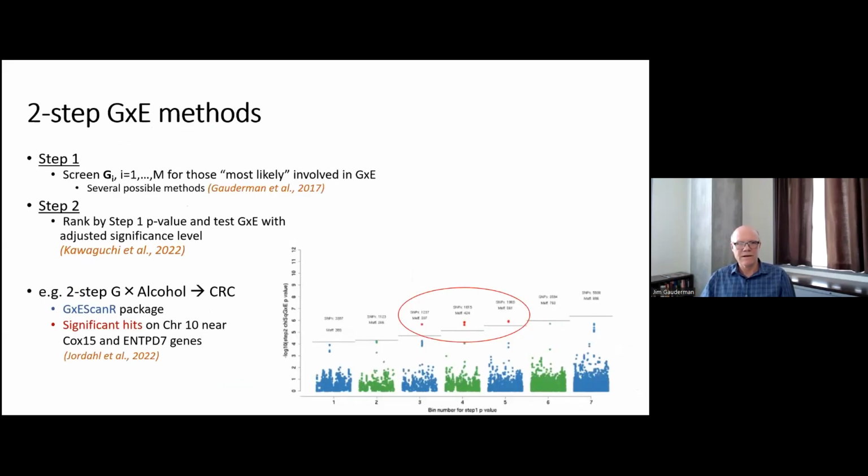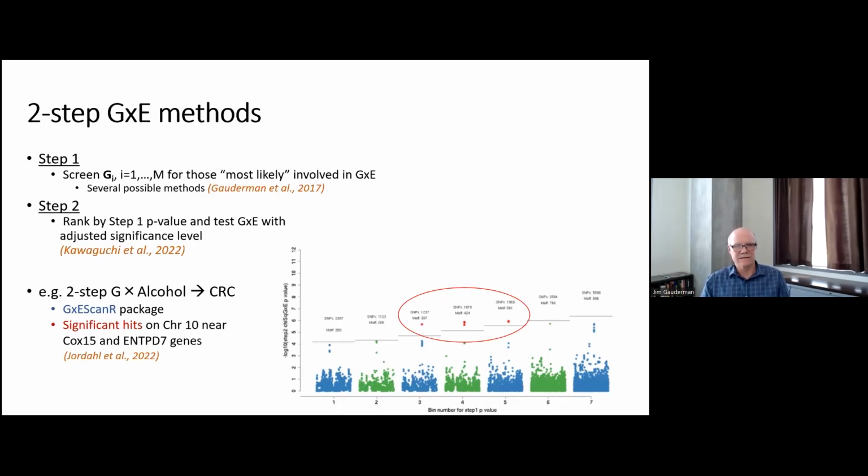informative. So we've come up with some two-step methods, others have as well. These are summarized in a review paper that a number of us participated in, that Kim and Leah spearheaded a workshop several years ago, and a number of papers came out on that topic, and other topics related to interactions.